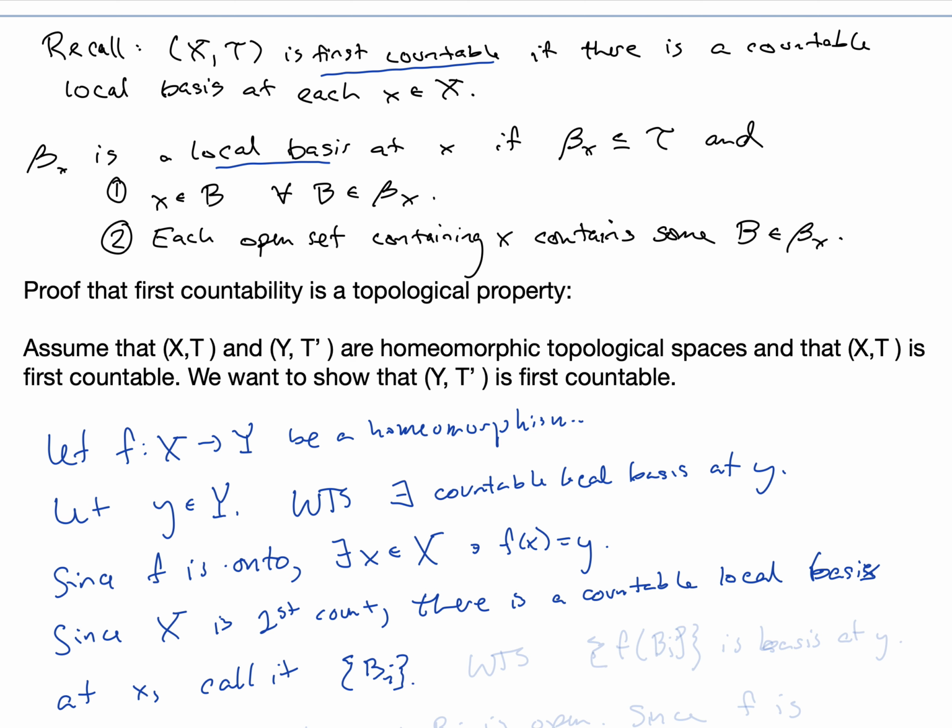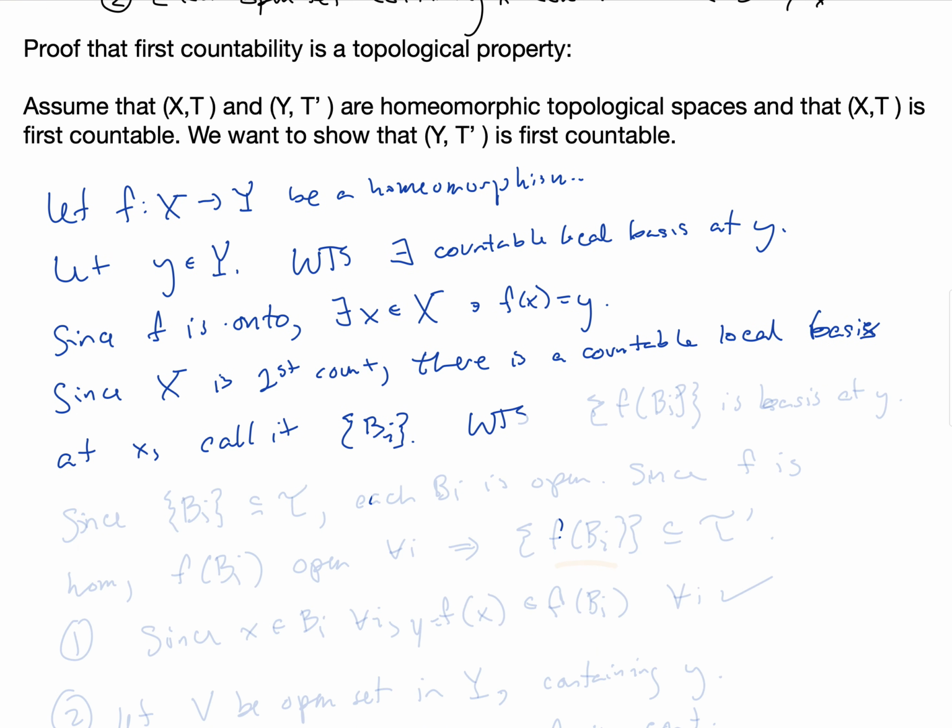Now, what do we need to show? We want to show that the collection f of B_i is a basis at y. So first of all, is each of the sets f of B_i open? Yes.